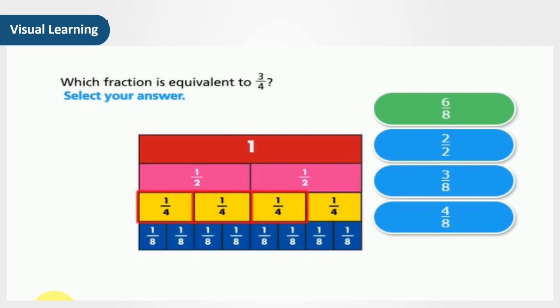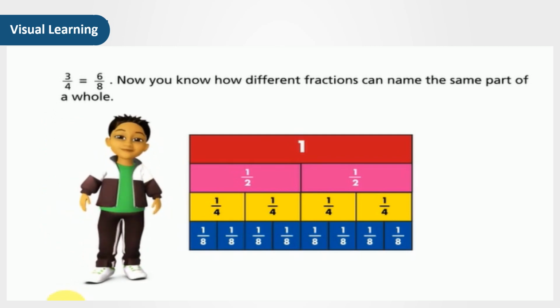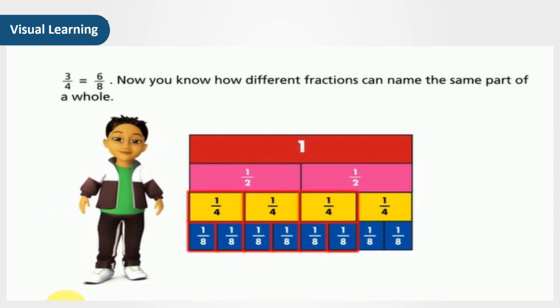Select your answer. Three-fourths equals 6/8. Now you know how different fractions can name the same part of a whole.